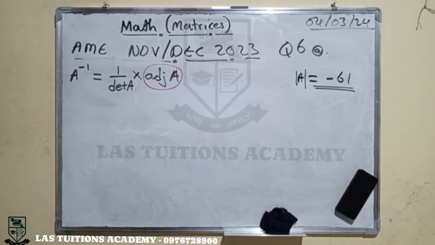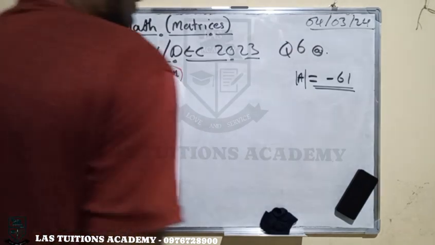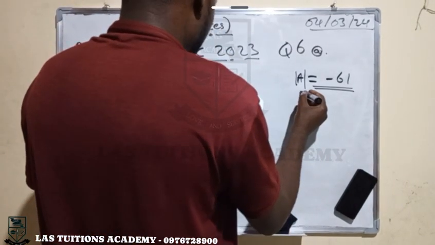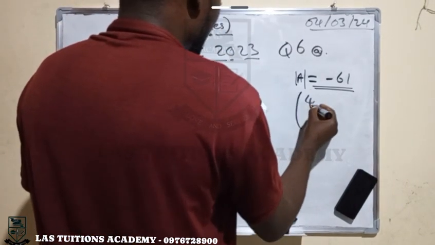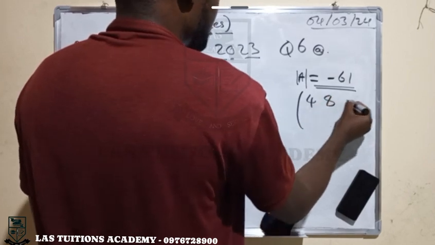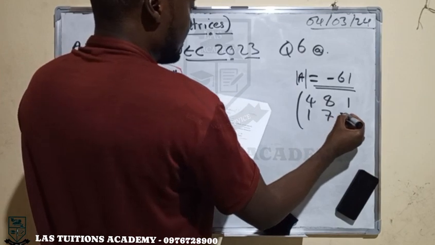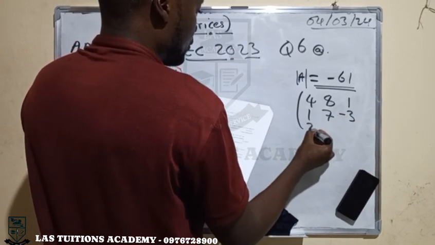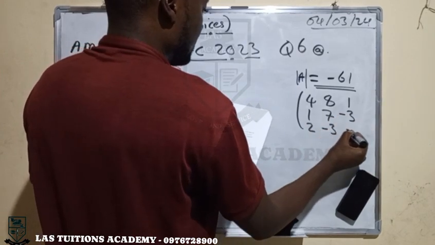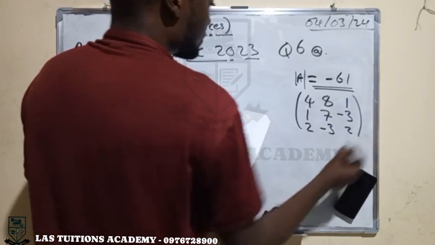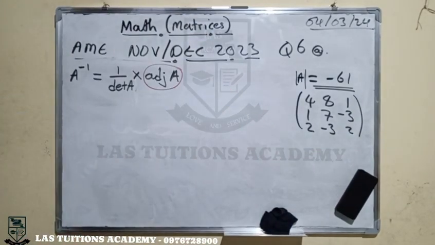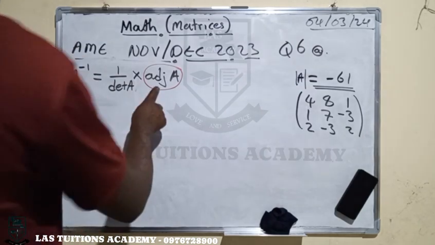So let me write my question again. We have 4, 8, 1, 1, 7, negative 3, 2, negative 3, 2. So now we need to find the adjoint because we have the determinant.